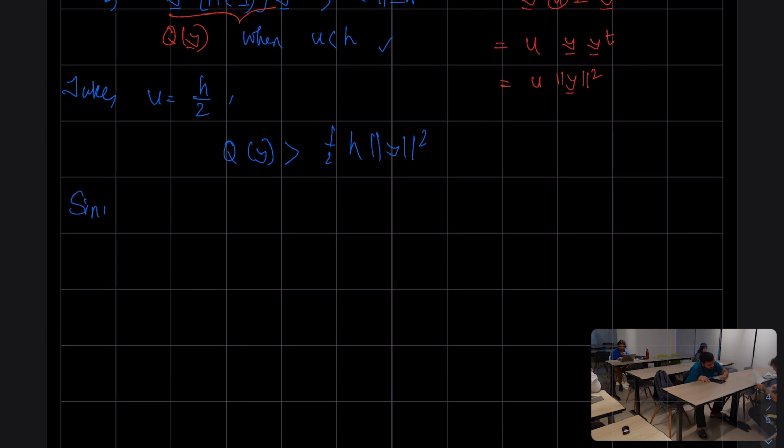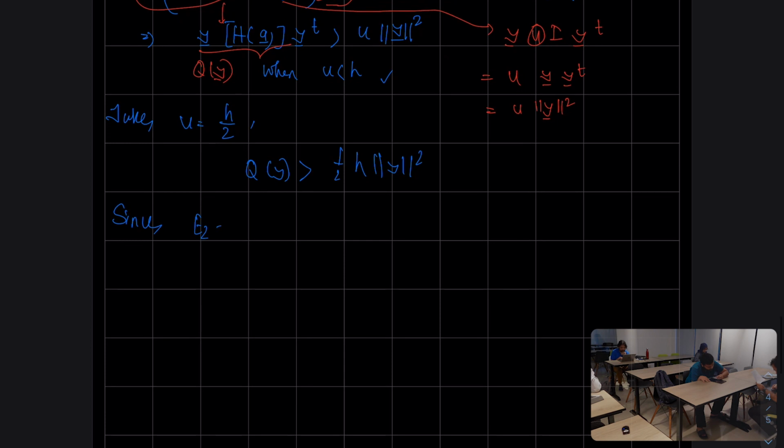Since E2 tends to 0 as y tends to the 0 vector, that comes from Taylor's theorem.